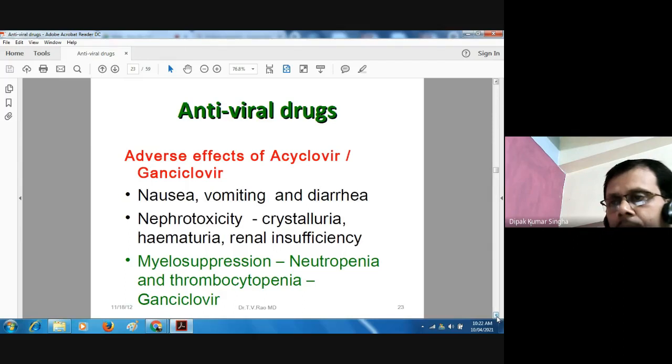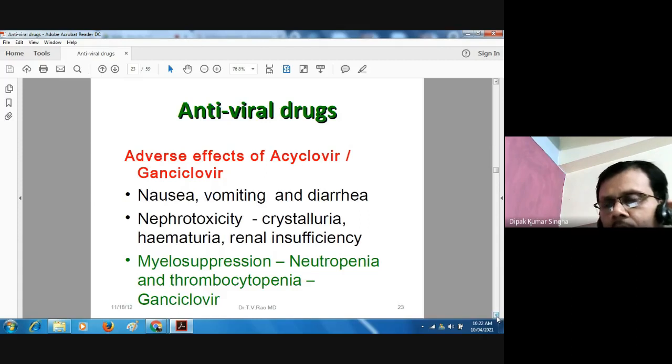Third, the adverse effects of acyclovir: nausea, vomiting, diarrhea, and nephrotoxicity, because most of the drug is excreted in the urine. That's why nephrotoxicity is very prominent with acyclovir, along with crystalluria, just like sulfa drugs, and hematuria, that is blood passing through the urine, and renal insufficiency.